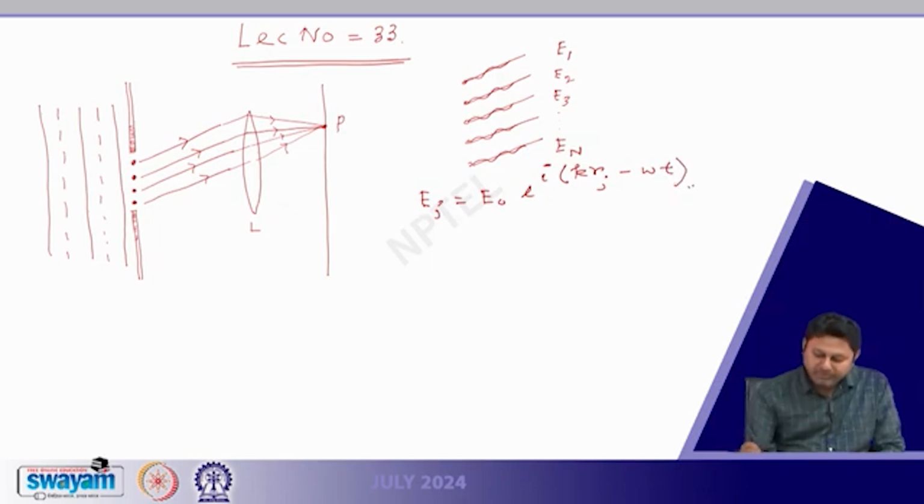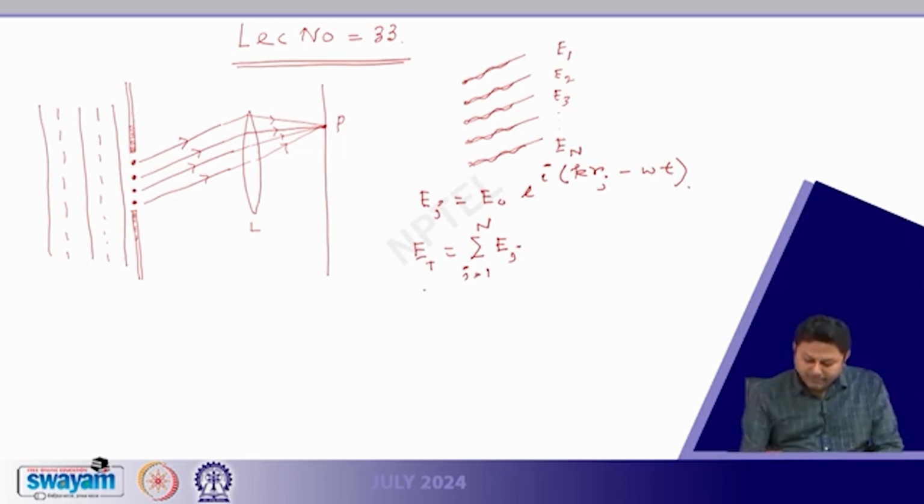That was the form of the wave, and the total field Et is the sum over all the fields Ej, j going from 1 to n, and we did this sum.